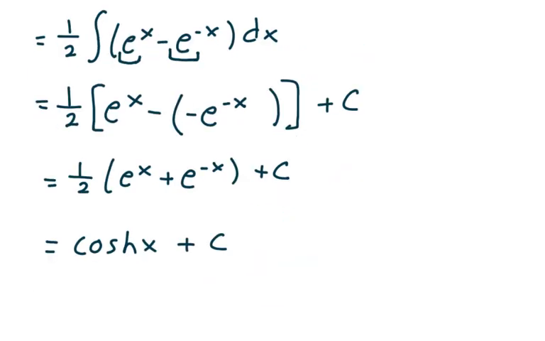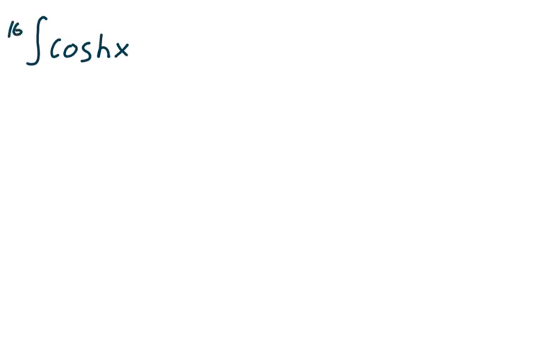Now, by the same token, you could do the same thing, I claim. If I want the integral of hyperbolic cosine of x, and by the way, that's number 16, if I want the integral of hyperbolic cosine of x dx, this is hyperbolic sine of x plus c.